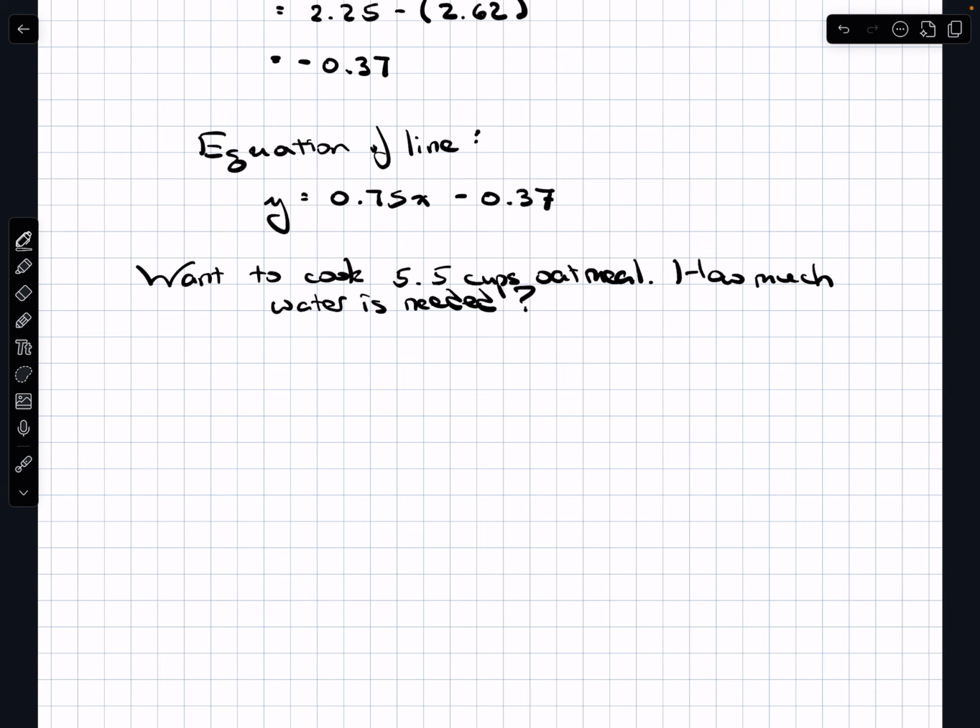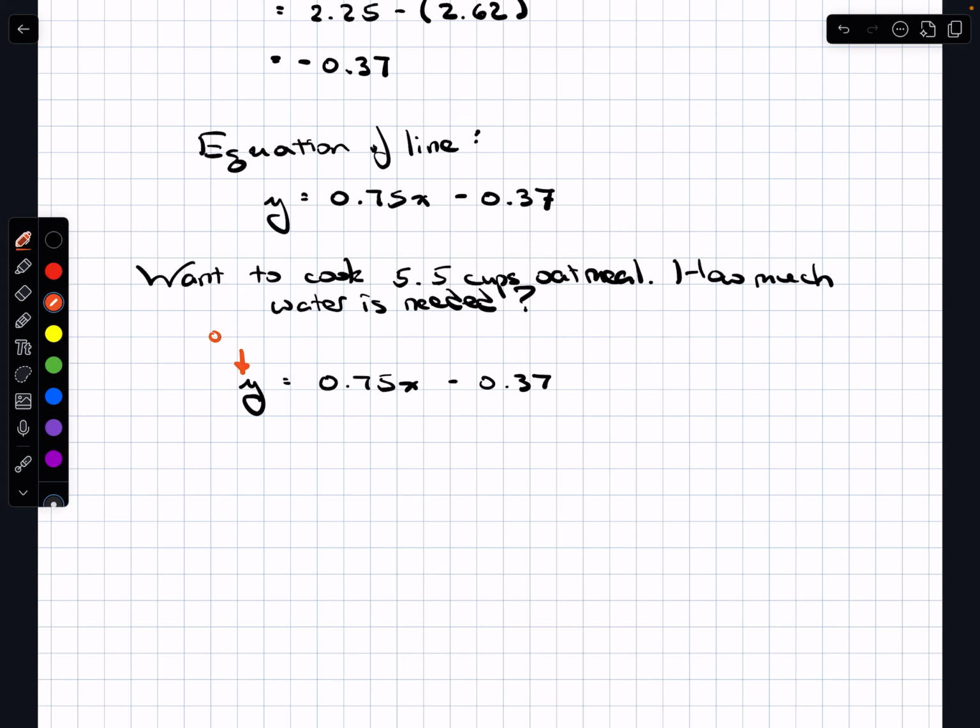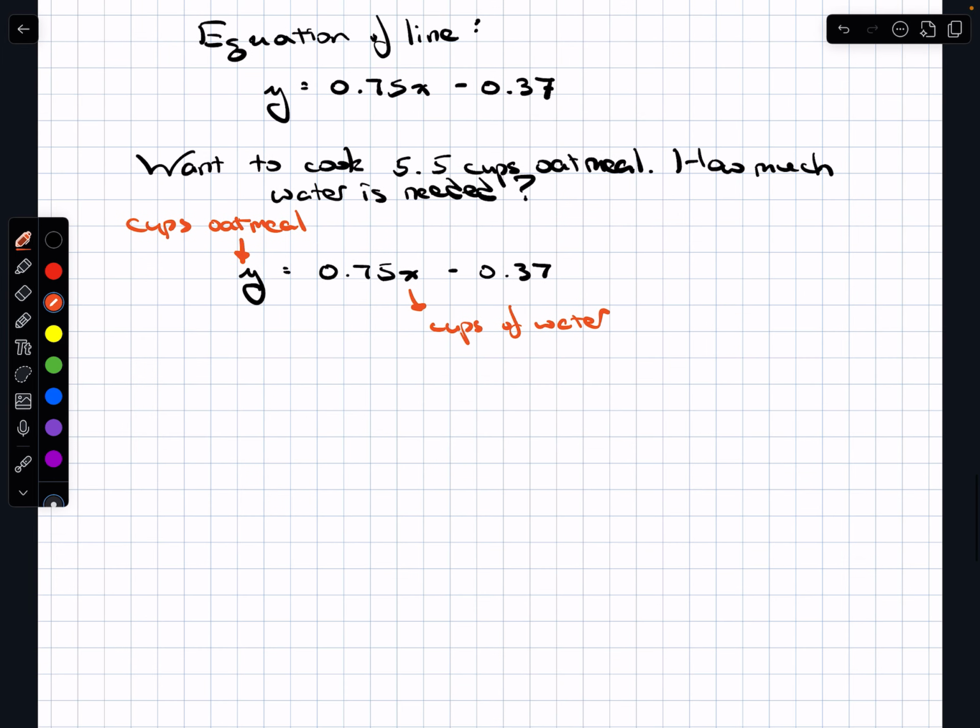So we've got y equals 0.75x minus 0.37. Remember what the y and the x refer to in this equation. The y refers to cups of oatmeal, and the x refers to cups of water. Since we want to figure out how much water is needed, let's solve this equation for x.